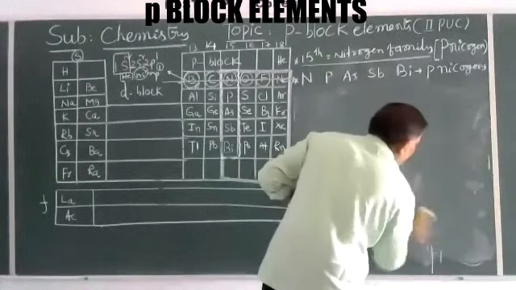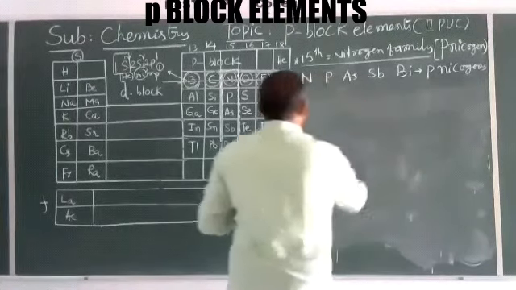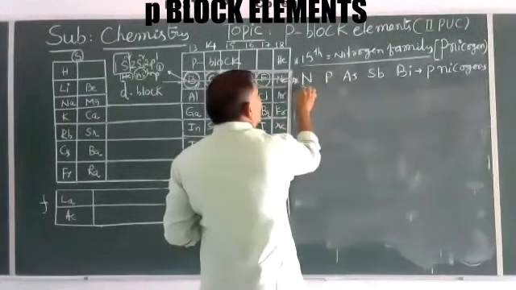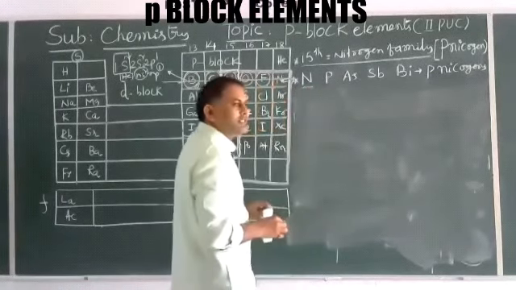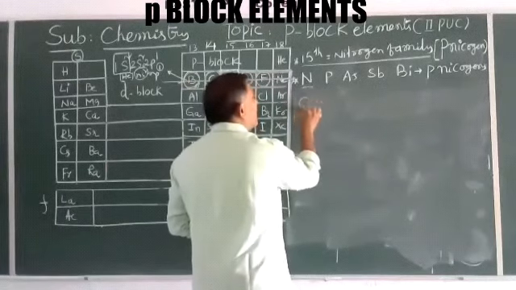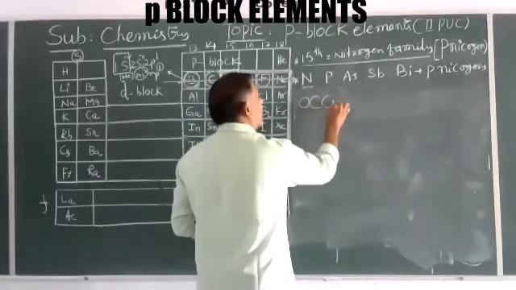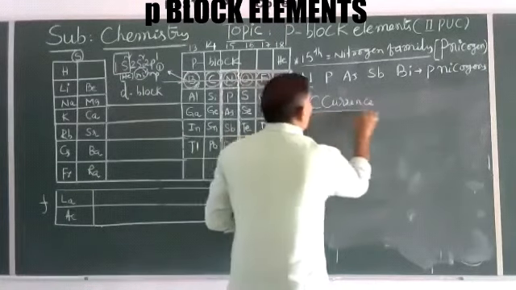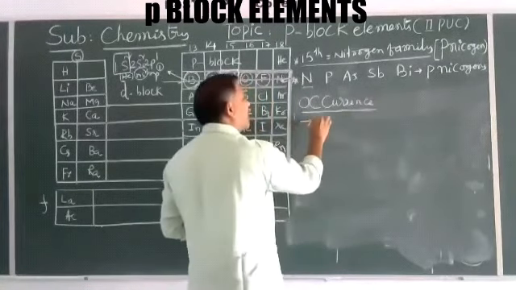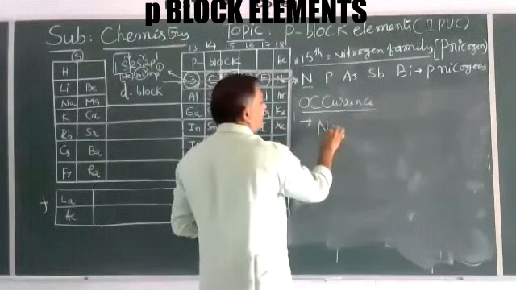Generally in atmospheric air, along with oxygen, some important dissolved gases are present. Now, under the occurrence of 15th group elements, the first point is about nitrogen.